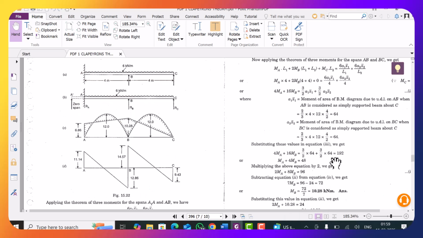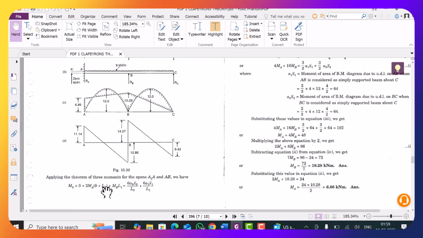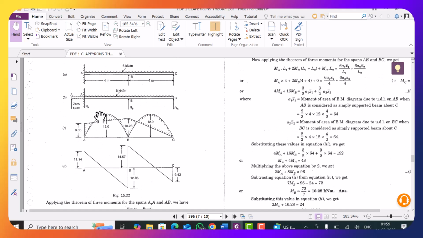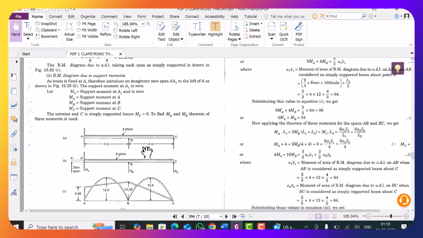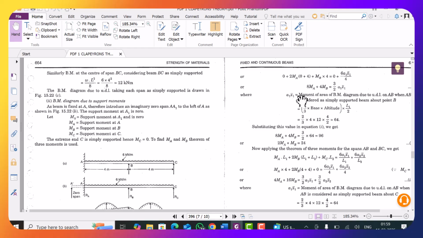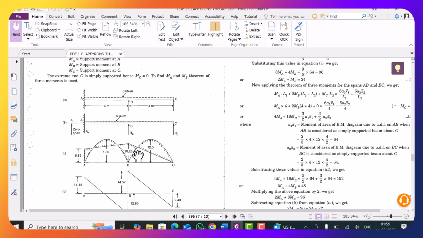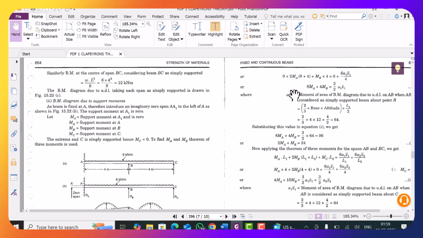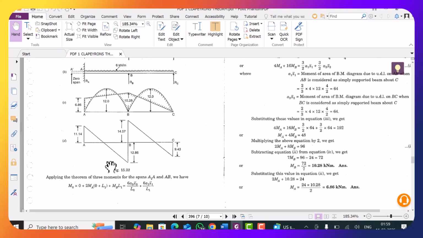So look here, these values are from here. This is 0 into M0, which is 0. Span L1 is 4 meters, so 4 into 2 is 8, right? This is 8 MA plus MB into L1, that is 4 into MB, equal to 6 A0 x0 upon L0, that is 0, plus 6 A1 x1 upon L1.